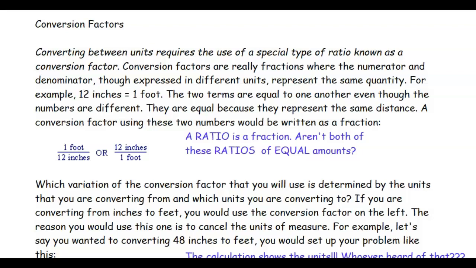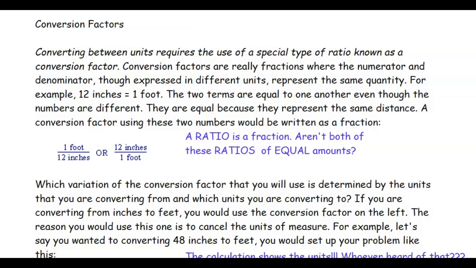They're the same amount of stuff. For example, 12 inches equals 1 foot. It's the same amount of length. The two terms are equal to one another even though the numbers are different. They're equal because they represent the same distance, right? The same length.